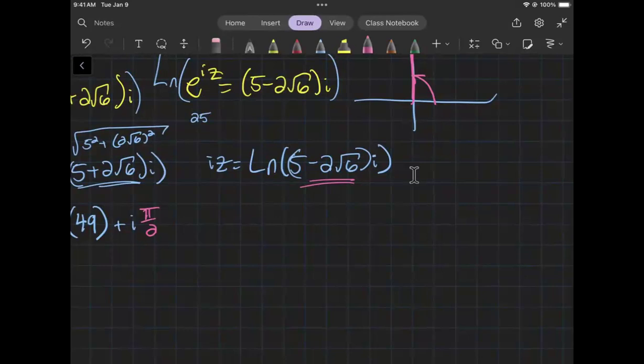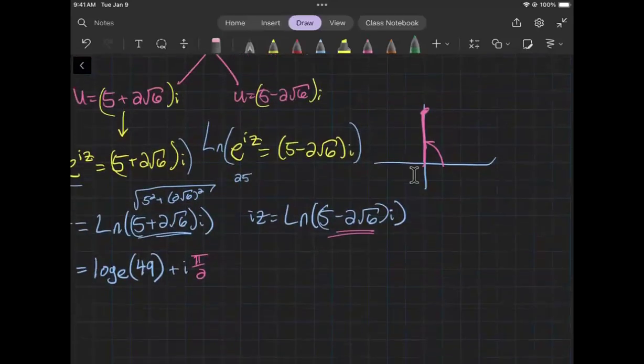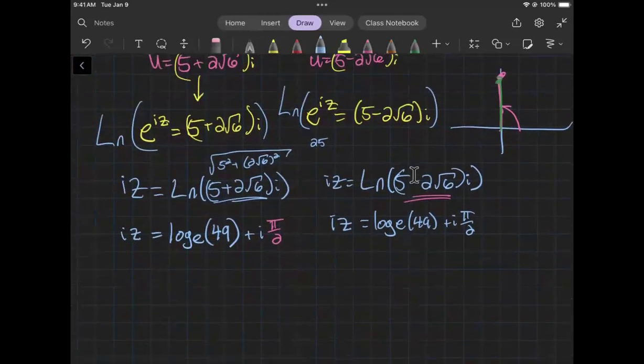So it's on the pi over 2 axis, so it will be at the same point here, and this will yield the same value. Log base e of 49 and then plus i times pi over 2. So these would be the same number.